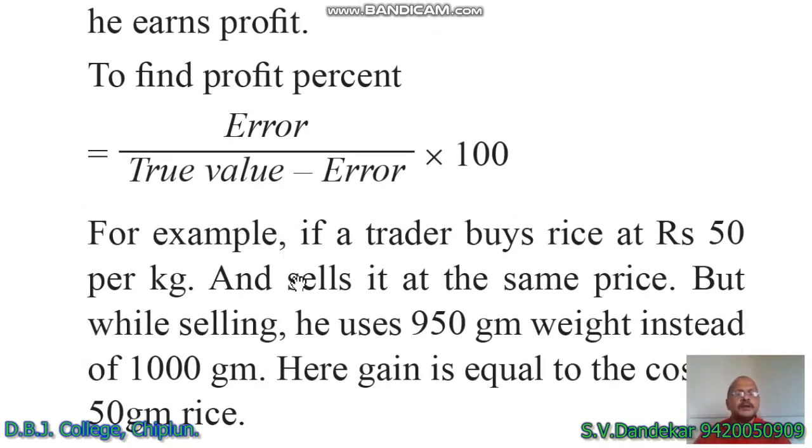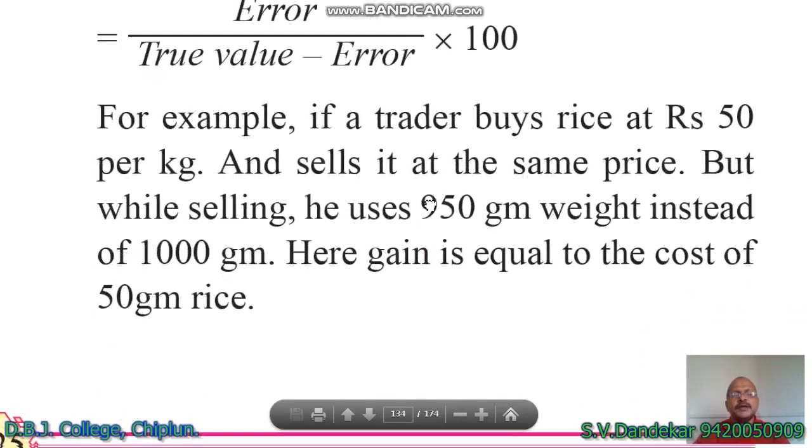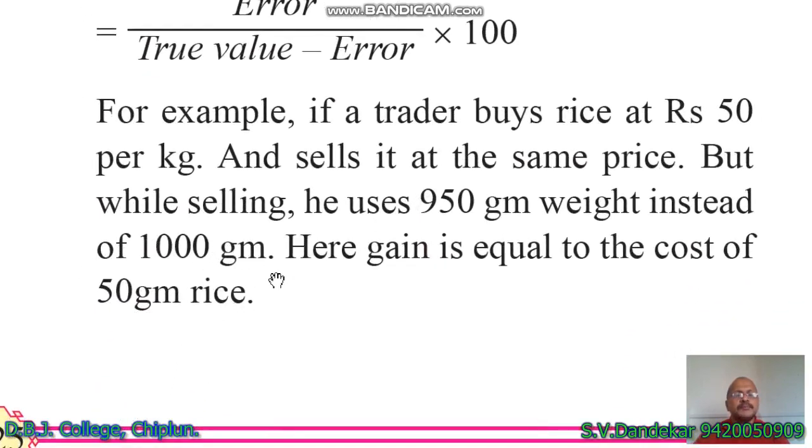For example, if a trader buys rice at rupees 50 per kilogram and sells it at the same price, but while selling he uses 950 gram weight instead of 1000 gram, here gain is equal to the cost of 50 gram rice.